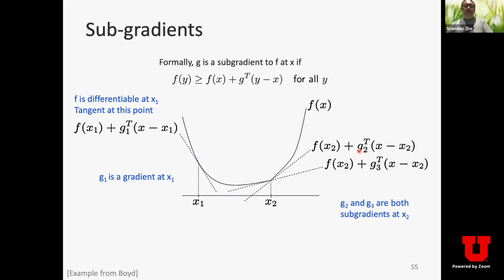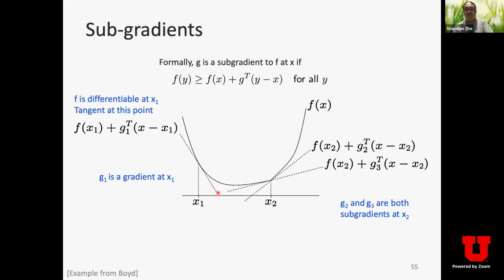So any line which satisfies these conditions is viewed as a subgradient, like G2, G3, and also many other slopes in between. Okay, any question regarding this definition of the subgradient?